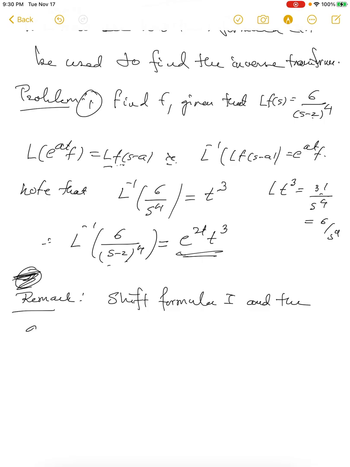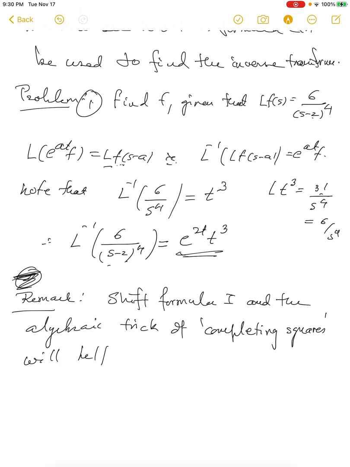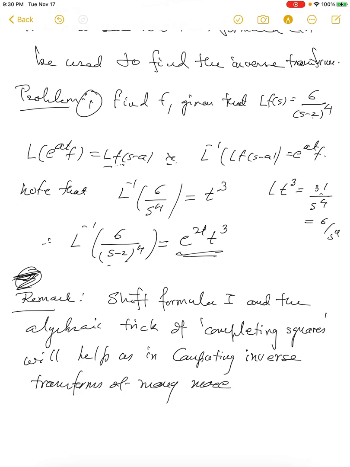Shift formula 1 and the algebraic trick of completing squares, which you have used in calculus a lot, will help us in computing inverse transforms of many more functions. I'll show you what I mean by this. So let's see how that is done.